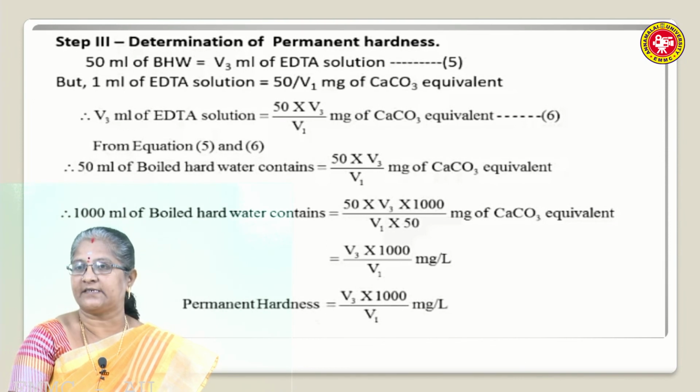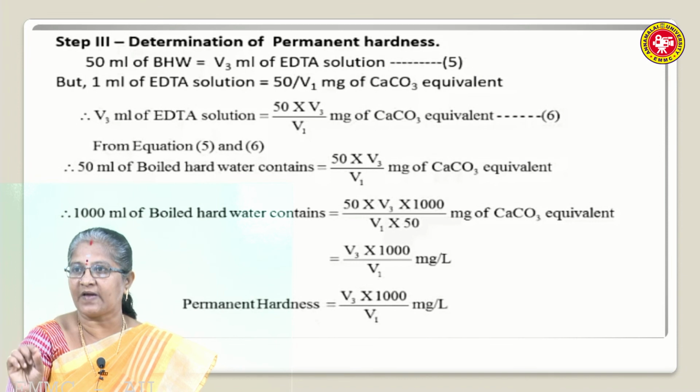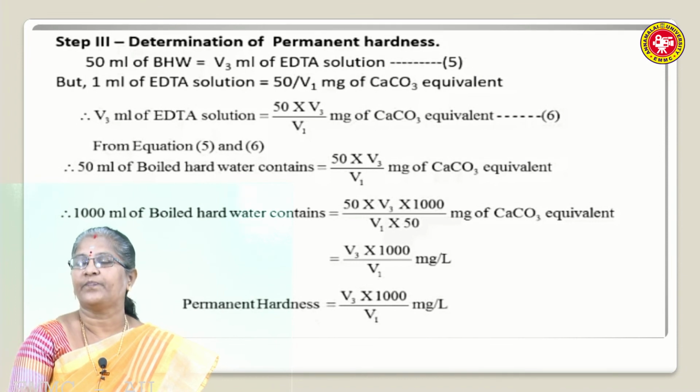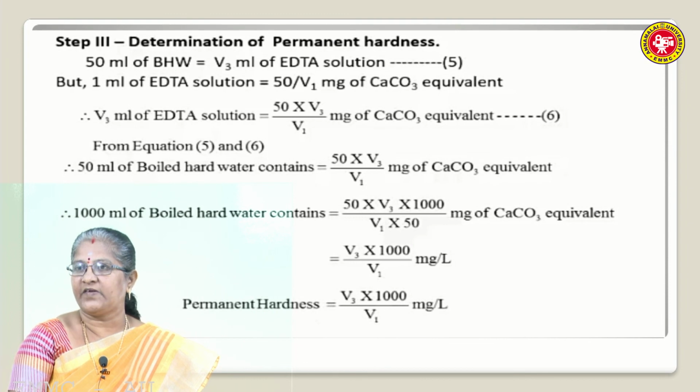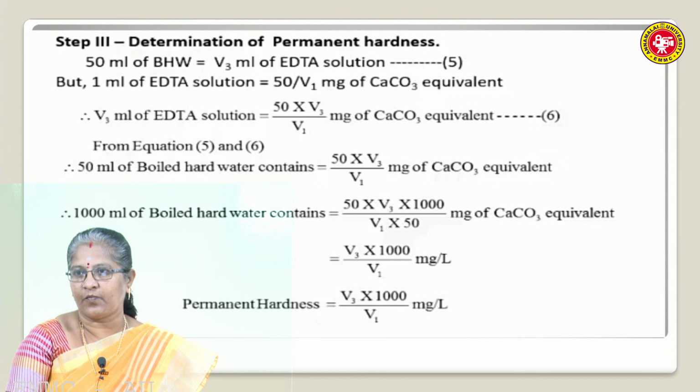Therefore, for 1 liter, 1000 ml of boiled hard water, we have to calculate like that because we have to report per liter, isn't it? So, 50 into V3 by V1 into 1000 by 50. Cancelling 50 on both sides, we finally arrive that permanent hardness is equal to V3 by V1 into 1000 milligrams per liter.